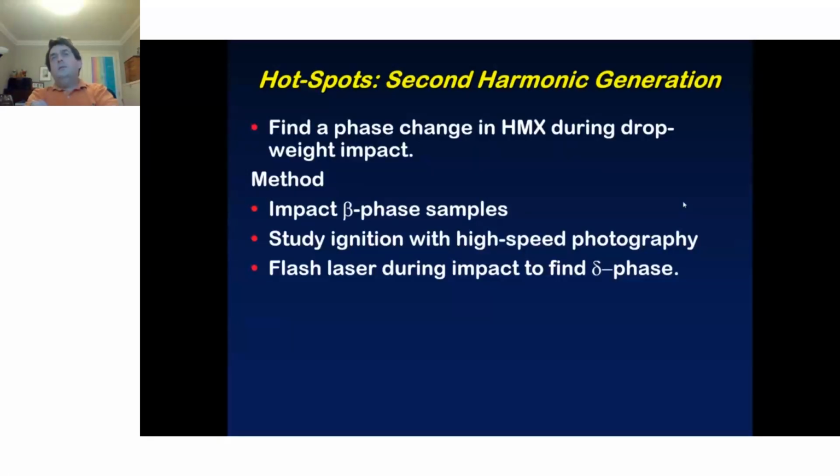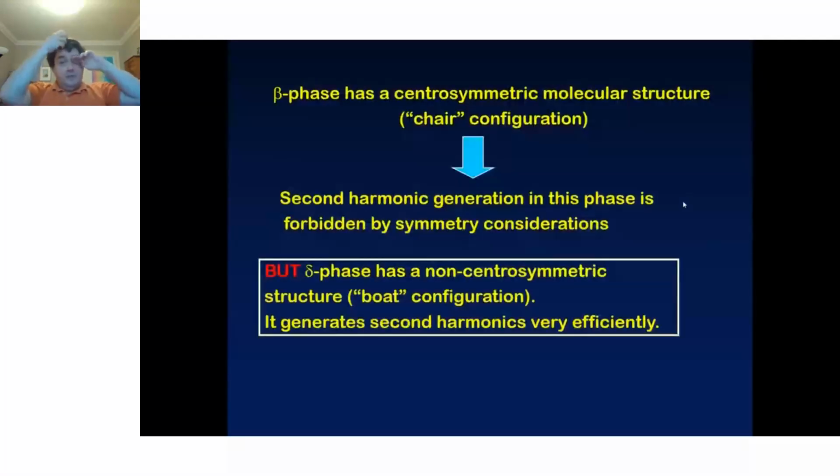So if you take a polymer bonded HMX explosive and you hit it repeatedly, you can develop a delta phase, and through just the presence of that delta phase, you will increase the impact sensitivity of the material. So this has safety implications for highly loaded HMXs, and it's also of interest in terms of the reaction and growth within those hotspots.